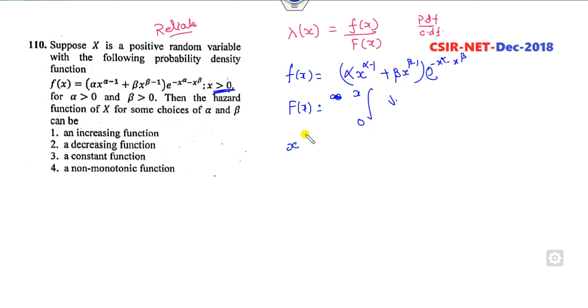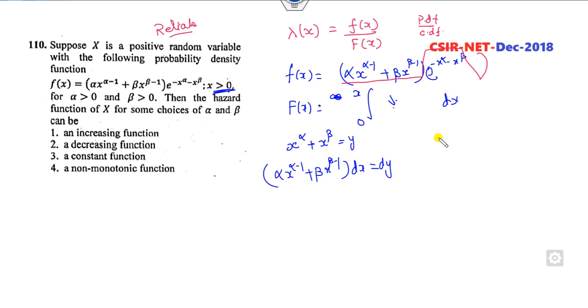If I take x raised to the power alpha as y, then alpha times x to the alpha minus 1 beta times this minus 1 dx is my dy. So this portion is dy, and this becomes the integral from 0 to x of e raised to the power minus y dy.